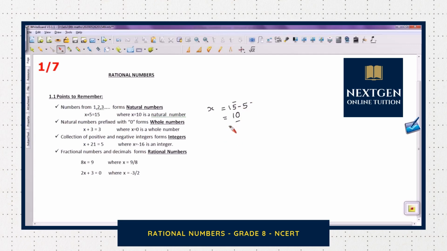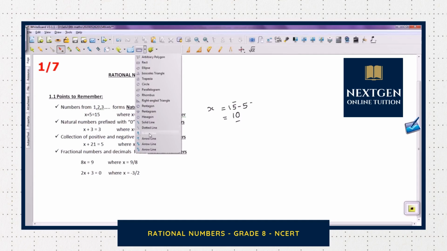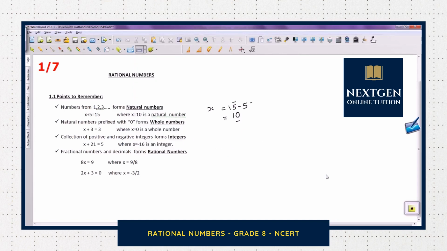So, if I prefix 0 to the natural numbers, I get the collection of whole numbers. The collection of positive and negative numbers forms the integers. That is, on a number line, 1, 2, 3 till infinity, I have natural numbers.